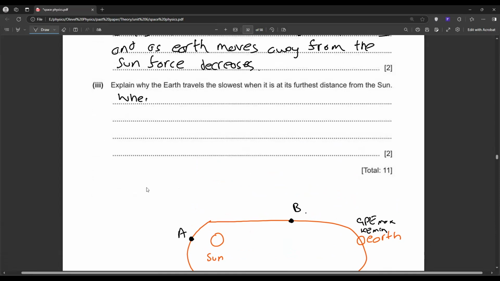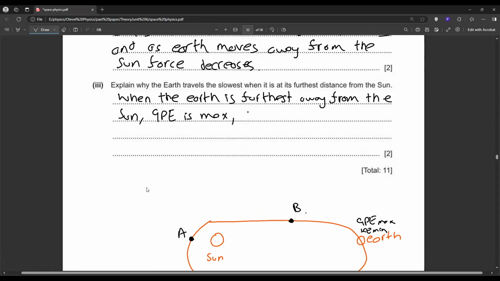When the earth is furthest away from the sun, gravitational potential energy is maximum, kinetic energy is minimum, hence velocity will be minimum.